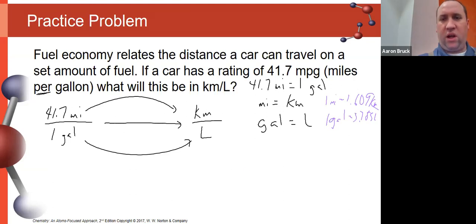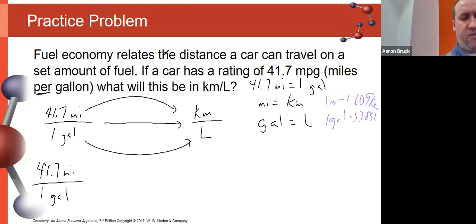So starting with my 41.7 miles in 1 gallon, my first step is going to be to convert the miles into kilometers. Since I have miles in the numerator, I'm going to have miles in the denominator here and kilometers up top.